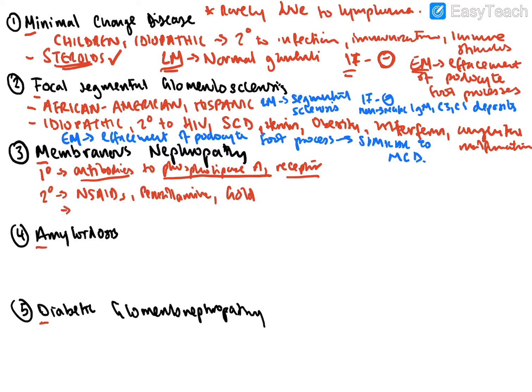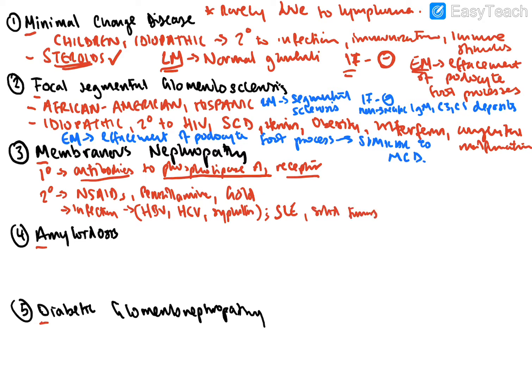It can also be due to infection such as hepatitis B virus, hepatitis C virus, and syphilis, and it can also be due to systemic lupus erythematosus or solid tumors.